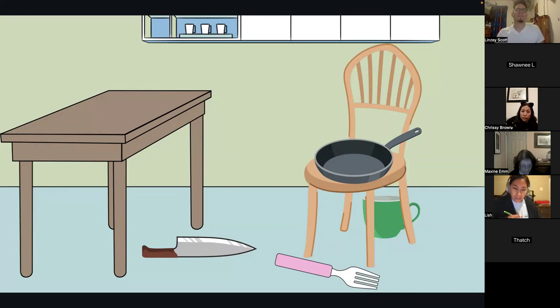Either or? Let's do the table. Okay. Suwihi Tibo Tuha? If it was under, then yes, that is how you would say it. Suwihi Tibo Tuha. The knife is under the table.